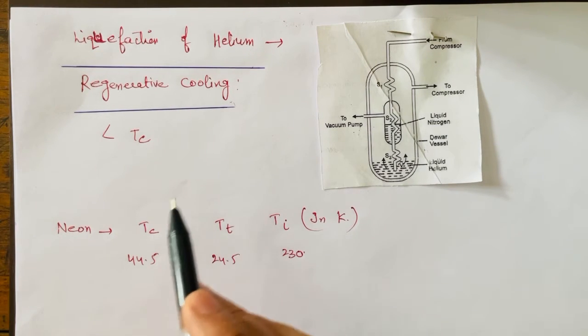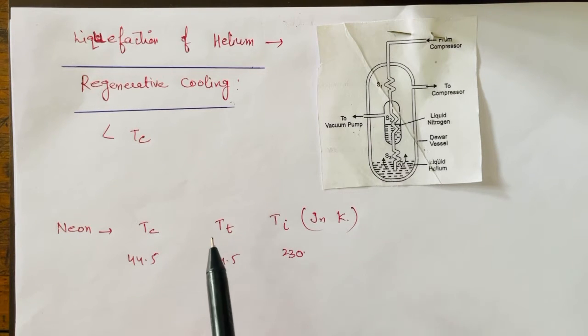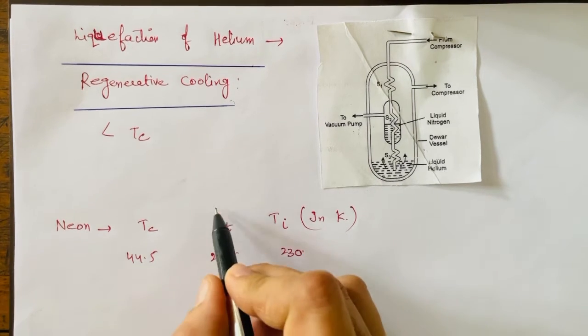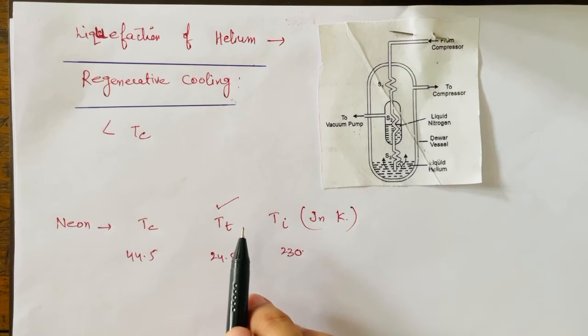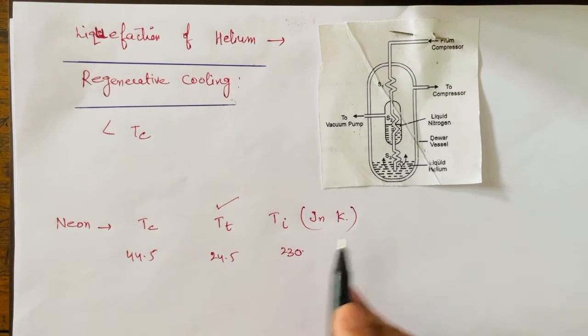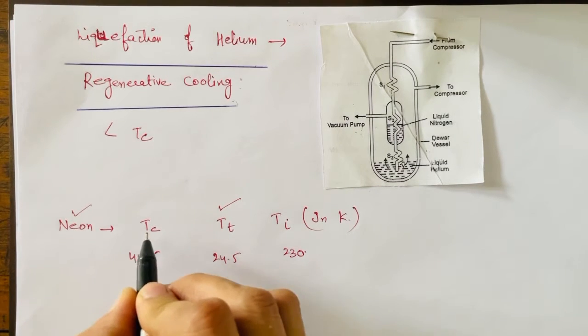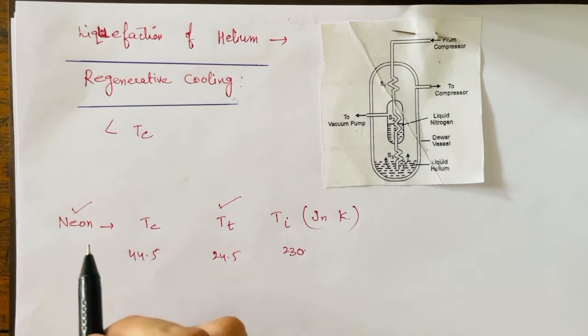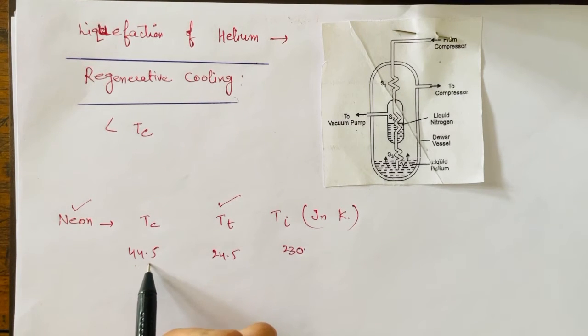By boiling under reduced pressure it is possible to go down to the triple point temperature. But even this method does not succeed when we wish to cool neon to less than its critical temperature, 44.5 Kelvin.